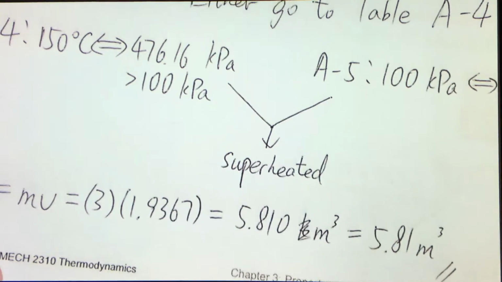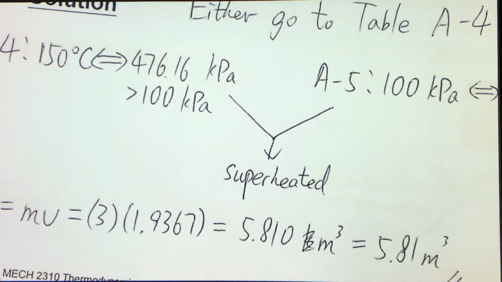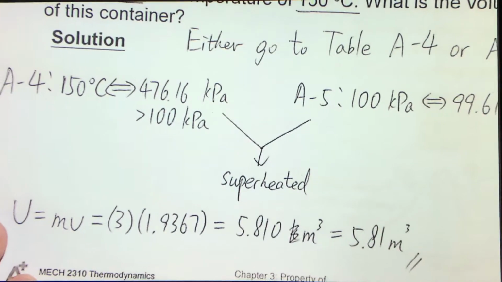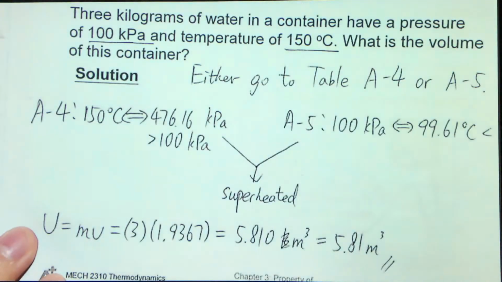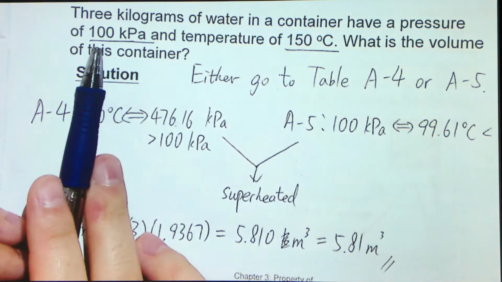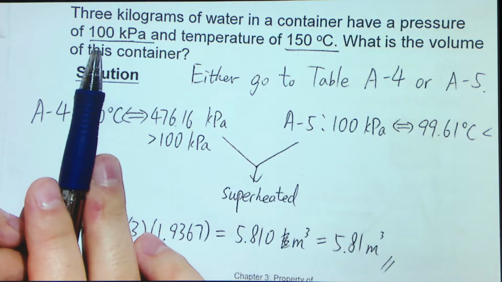This example illustrated that if you have a pressure-temperature pair of values, it is either a compressed liquid or a superheated vapor. So in order to determine whether it's compressed or superheated, you need to go to the saturation table to find out, for example, if you have a given pressure and this is the saturation pressure, then what's the saturation temperature?